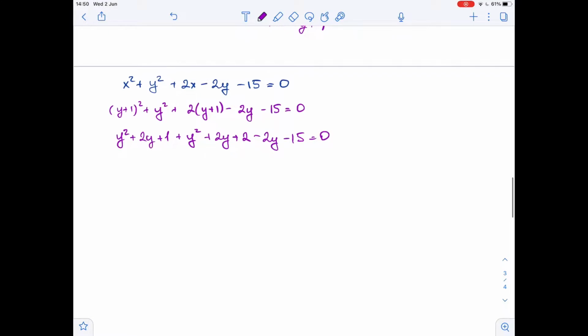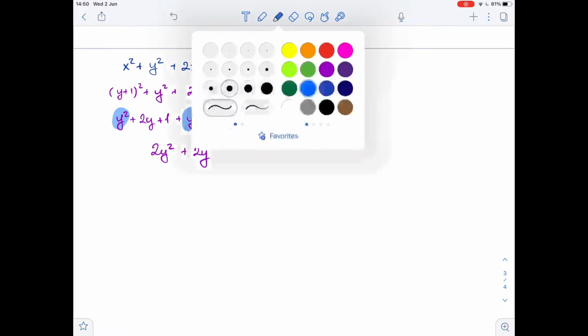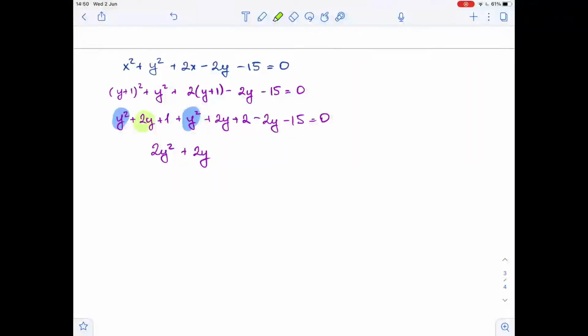Let's simplify this. So we get that 2y^2 + 2y plus, so we have 2y + 2y - 2y, which is plus 2y, and plus 1 plus 2 minus 15, which is -12.